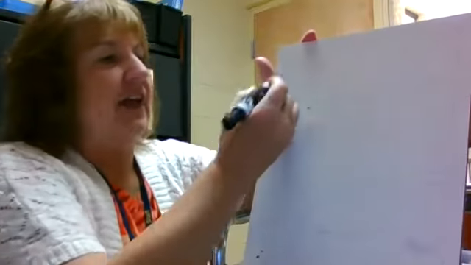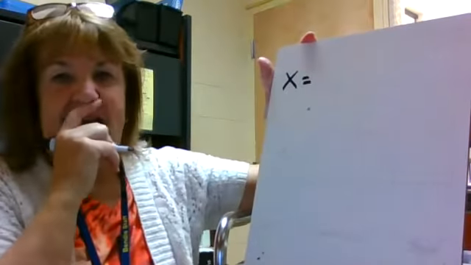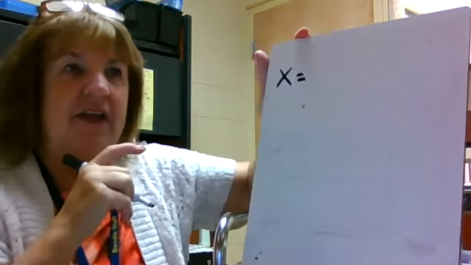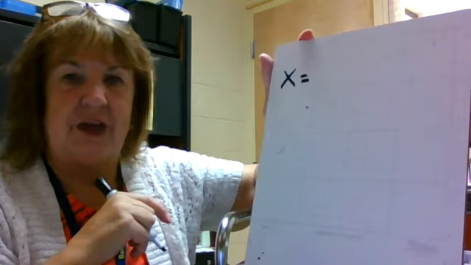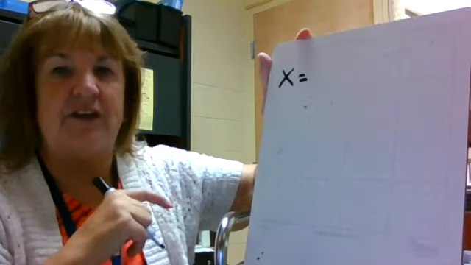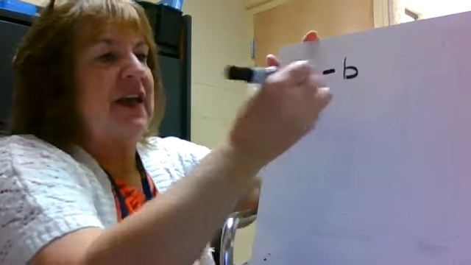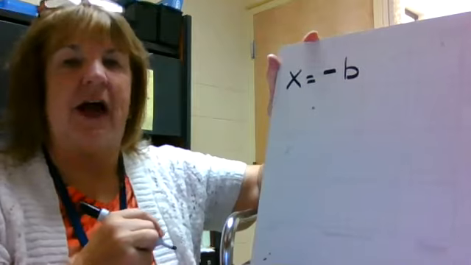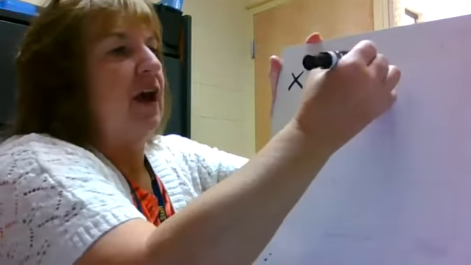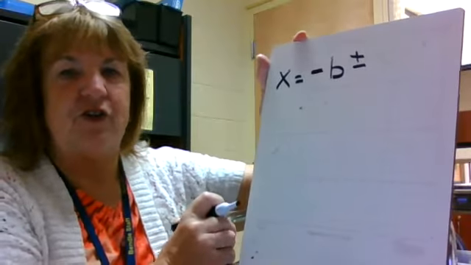The formula says that x equals, and x is the solution set that we're looking for. It's the places where the graph crosses the x-axis. So that's why it's x equals. And it looks like this: minus b, which means the same as opposite of b, plus or minus, and that's where the possibility comes that the graph may cross in two places.